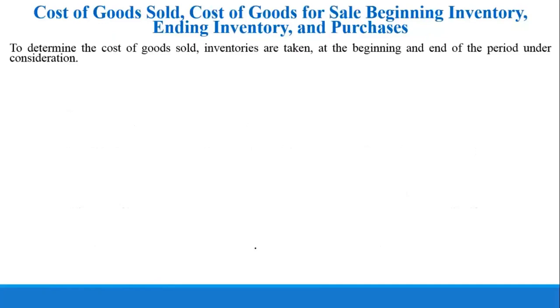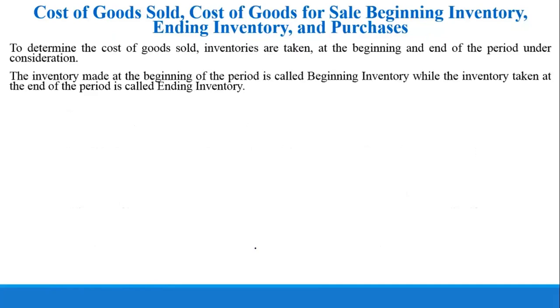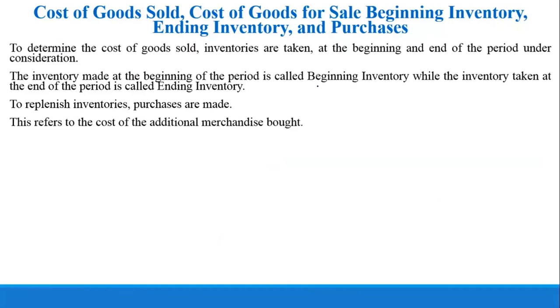So, to determine the cost of goods sold, inventories are taken at the beginning and end of the period under consideration. The inventory made at the beginning of the period is what we call beginning inventory, while the inventory taken at the end is the ending inventory.